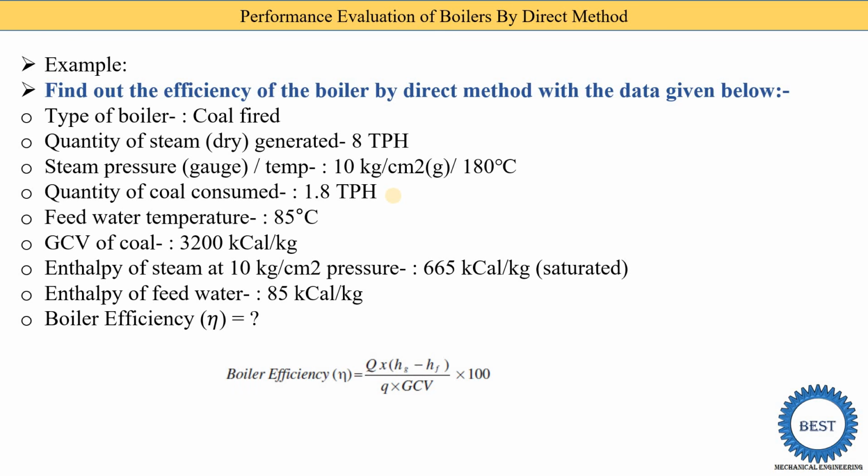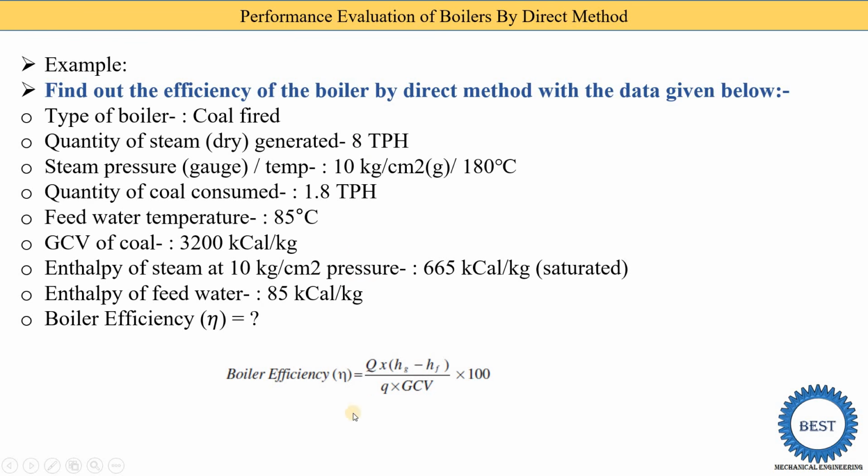We already know the equation of efficiency is capital Q into Hg minus Hf divided by small q into GCV into 100. Earlier, in the last slide, we said the values of capital Q and small q are in kilogram per hour, but here they are given in tons. So how do we convert tons into kilograms? 1 ton is equal to 1000 kg.